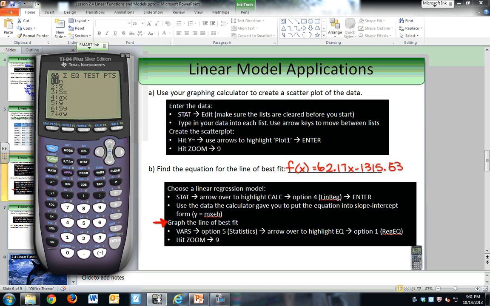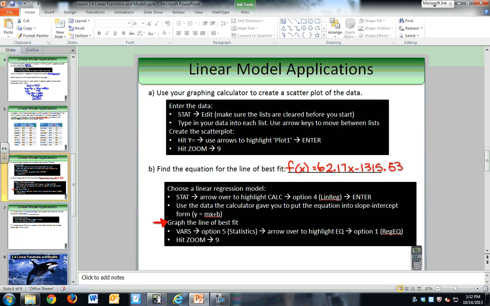We're looking for our equation that we made, so arrow over to highlight Equation. Option 1 is RegEQ, and then hit Zoom 9. So you have a scatter plot, and it'll graph that line of best fit right there. What VARS did is put the equation exactly as it was into your y equals. And then you can graph it with your scatter plot.